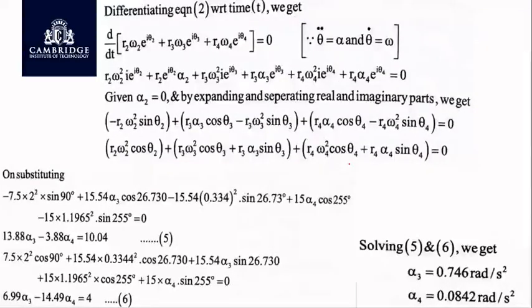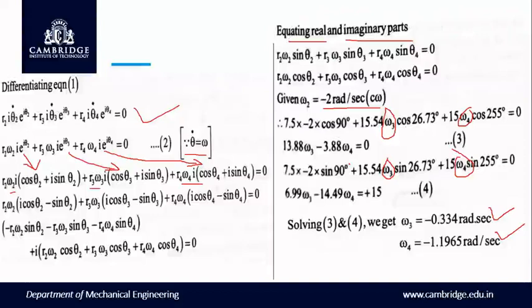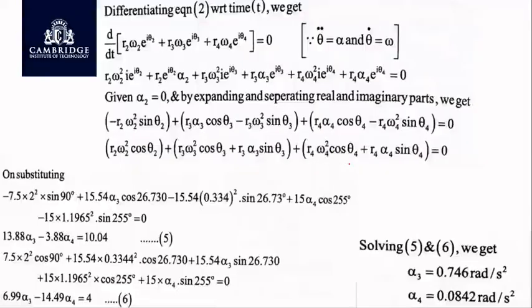Now for acceleration, the angular velocity we found. We need to differentiate once again the equation we had in the previous step. Then we substitute, since it's rotating at uniform velocity, alpha 2 will be equal to 0, and then the same principle will be applied, that is substituting the e to the power of i theta formula, then separating the real part and imaginary part.